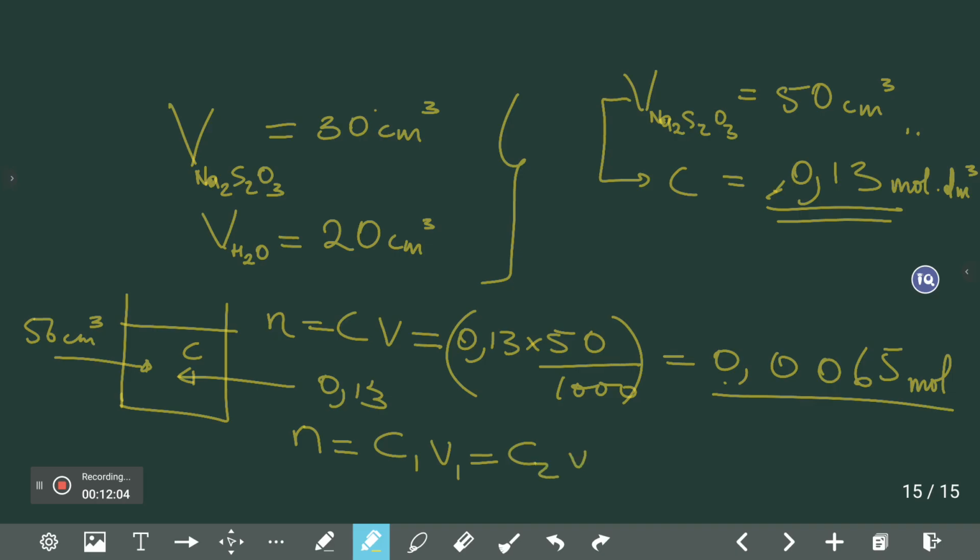So let's go back here. We want to find the concentration. The volume of 80 and the volume added, 20. Concentration times the volume.